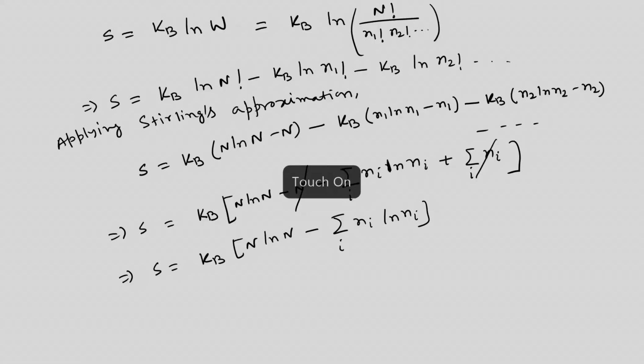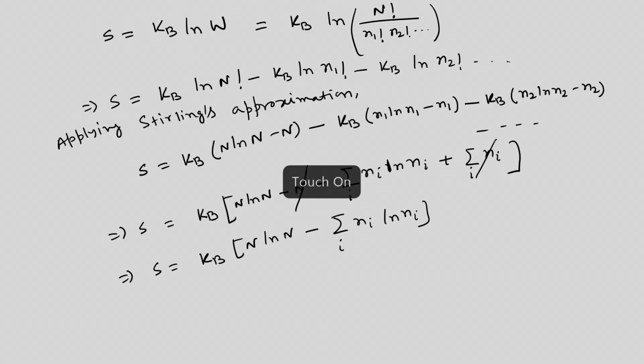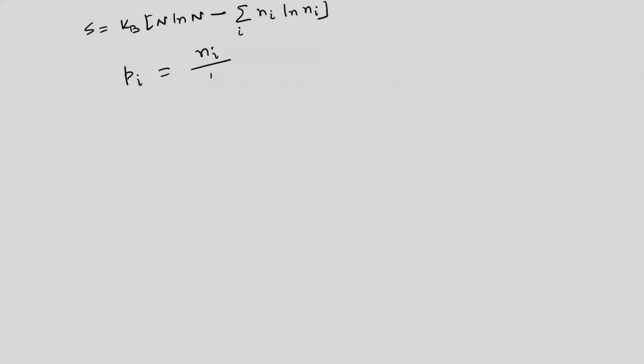Next, we know S is Kb times n ln n minus sum over i ni ln ni. Now, Pi, probability of ith state, is nothing but ni by n. So, it gives us ni is n times Pi.